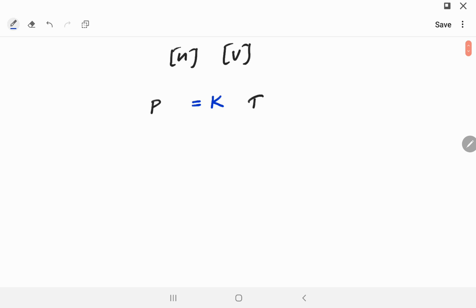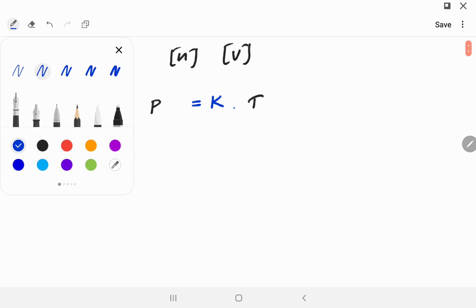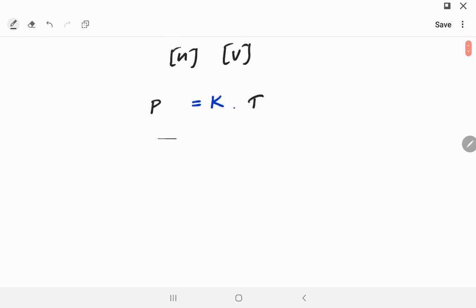Then let's take temperature to the other side. What you have is that the ratio between pressure and temperature is a constant. Once again, K is a constant. So according to Gay-Lussac's law, the ratio between pressure and temperature is a constant at constant n and V.